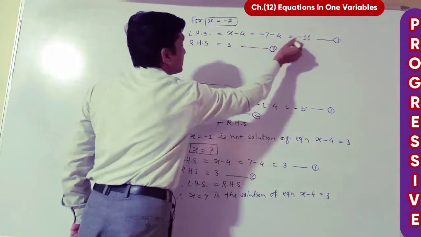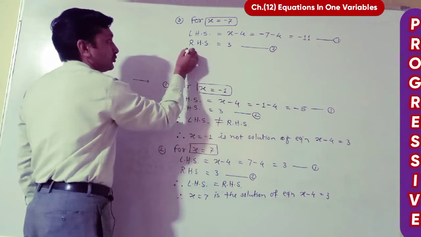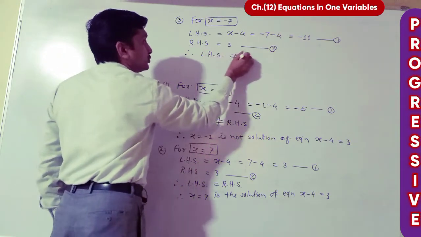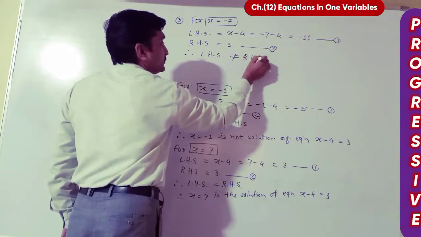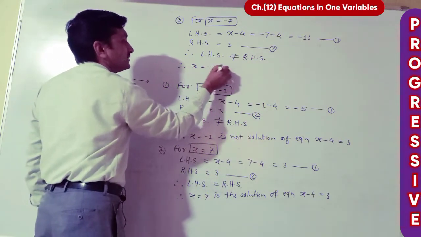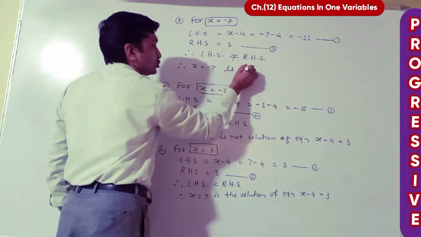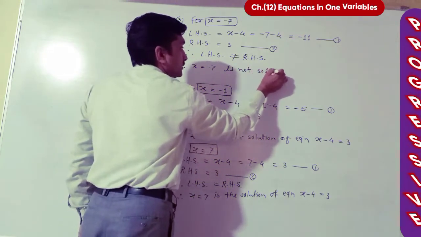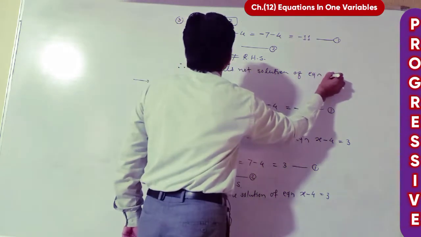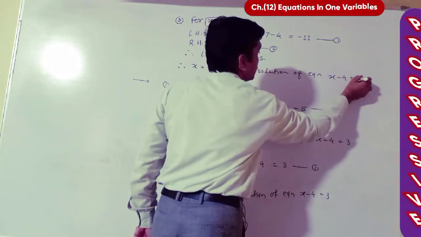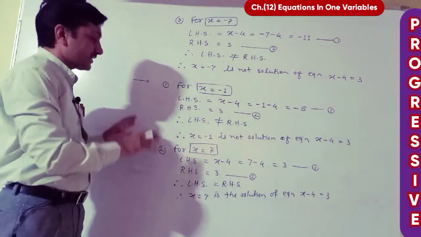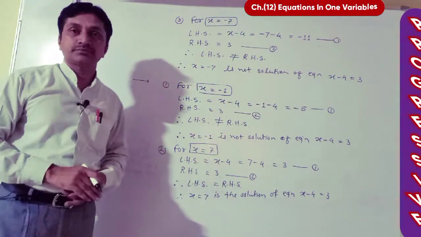Now see again, the right hand side and left hand side are not equal. Therefore, LHS is not equal to RHS. And if these two sides are not equal, we can say x is equal to minus 7 is not a solution of the equation x minus 4 is equal to 3. In this way, we have decided here for 3 values.